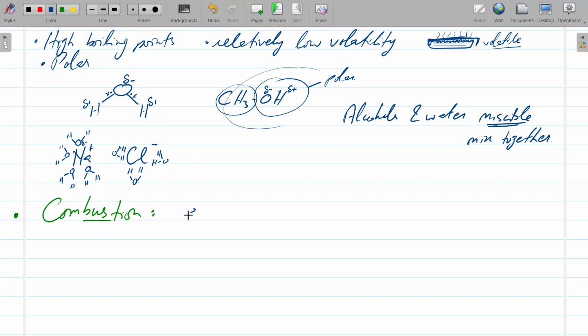So the example is ethanol plus oxygen gives you carbon dioxide plus water, and it releases energy. So it's exothermic.